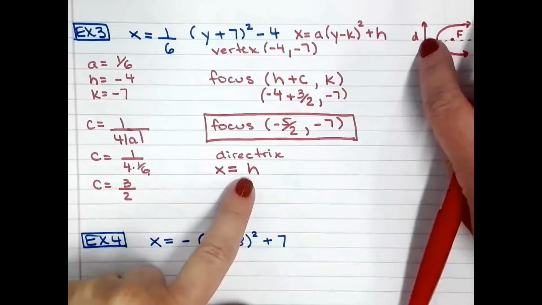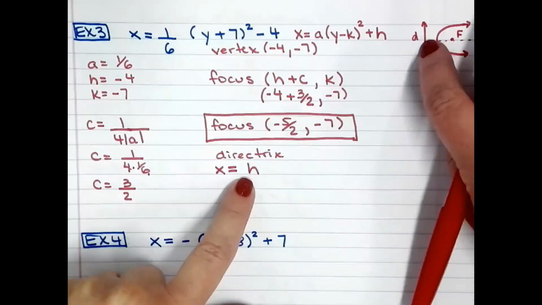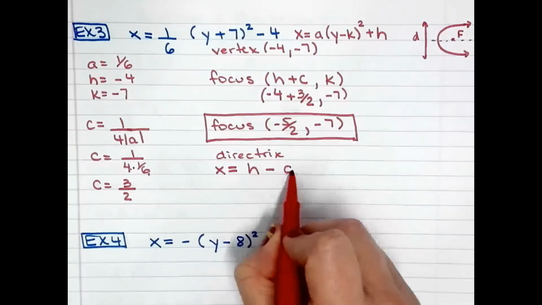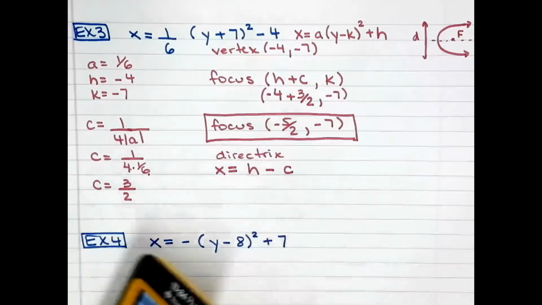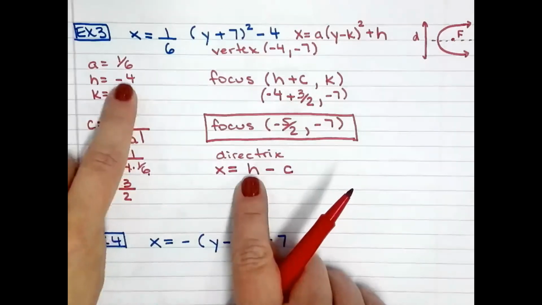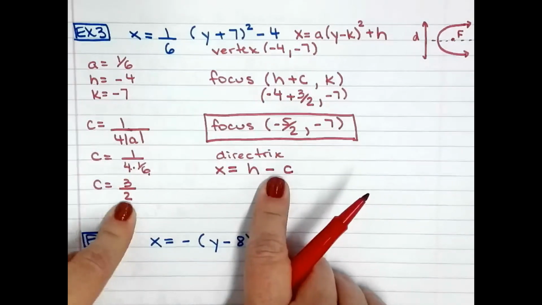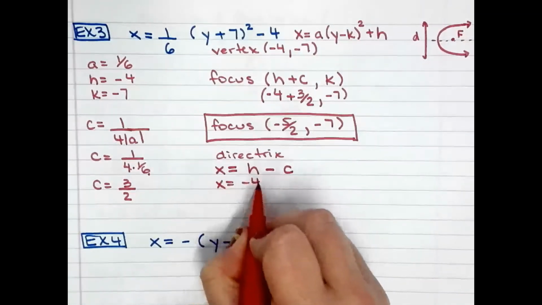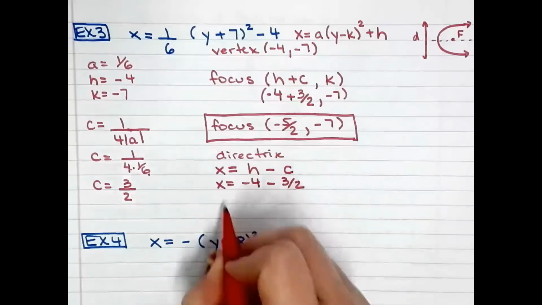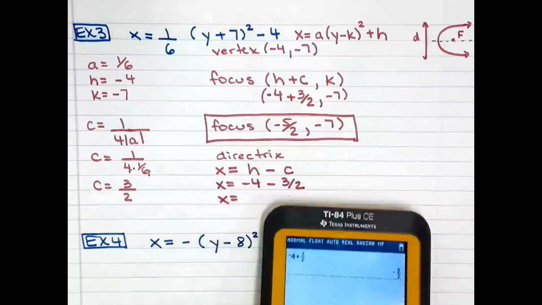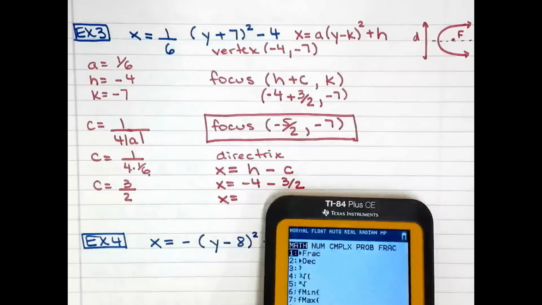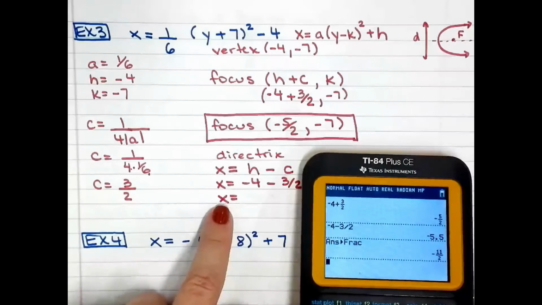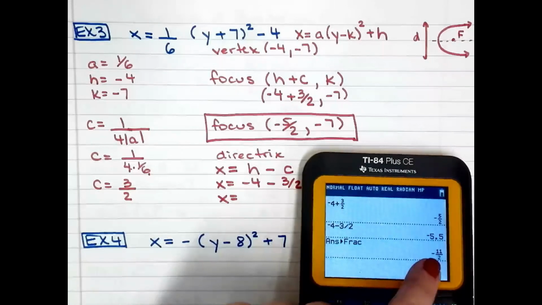Notice that the directrix is to the left of the vertex right there. So minus c. So h was -4 minus c. So x equals -4 minus c. So the equation for the directrix is x equals -11 over 2.